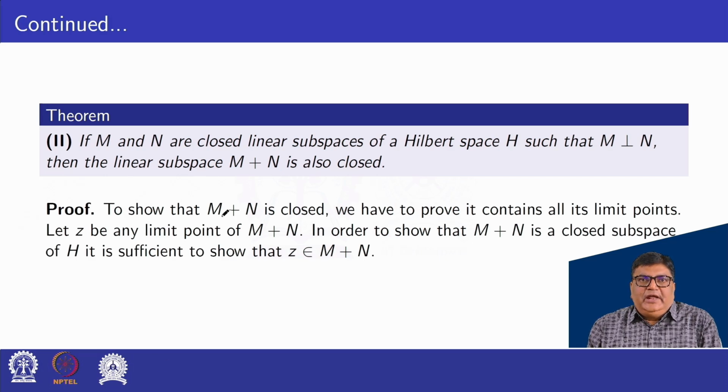To show that M plus N is closed, we have to prove it contains all its limit points. Let Z be any limit point of M plus N. In order to show that M plus N is a closed subspace of H, it is sufficient to show that Z belongs to M plus N.